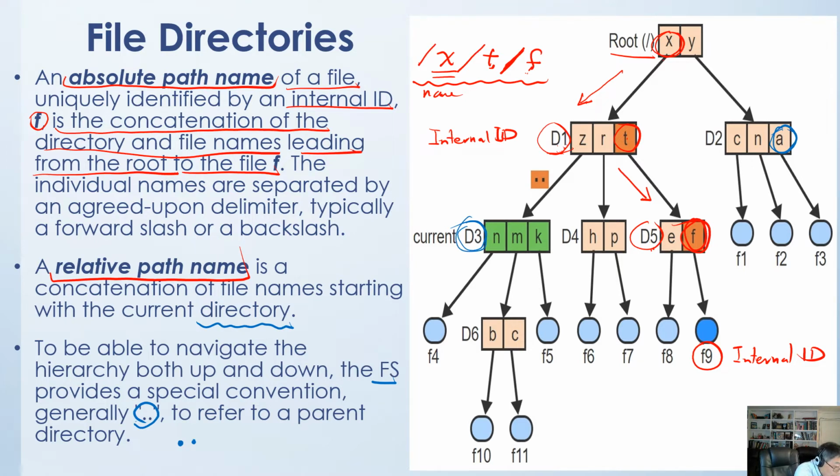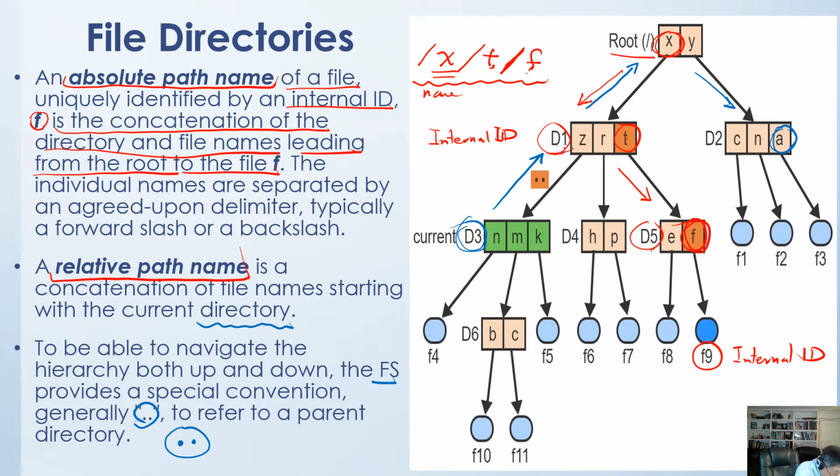So you have to go from the D3, go up to the parent directory D1, and then from D1 go up to the root directory, and then go down to access the file A, right? So in that case, you need to go up to the parent directory first. So now we use two dots to represent parent directory.